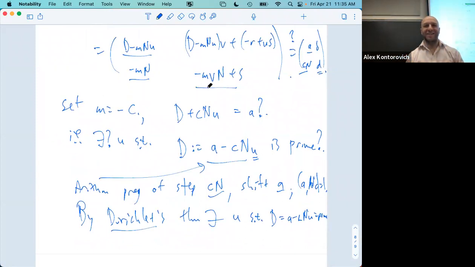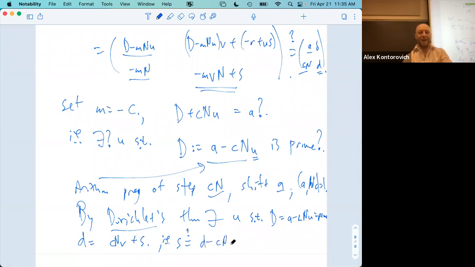Look down here. I need little d to match with MV. Negative M is C. C and V. If you gotta cheat, you gotta cheat. Plus S. And I want S to be prime. I.e. I want S to be equal to D minus CnV.